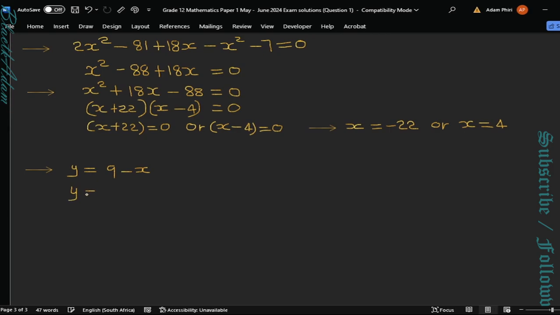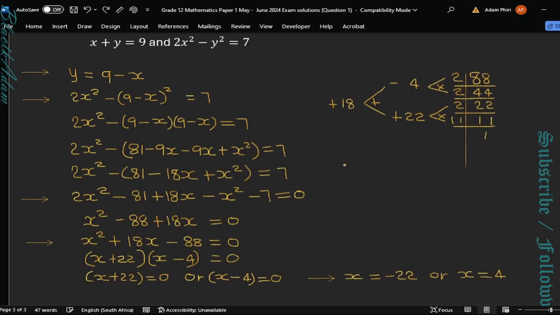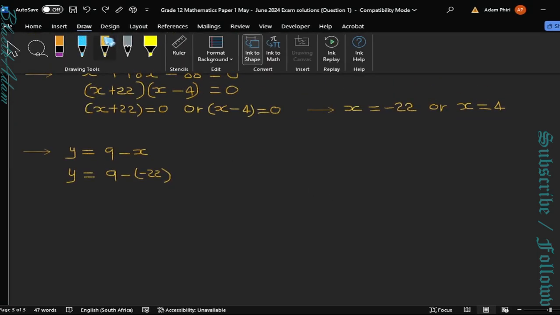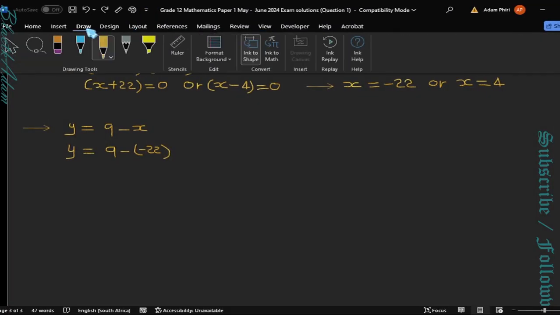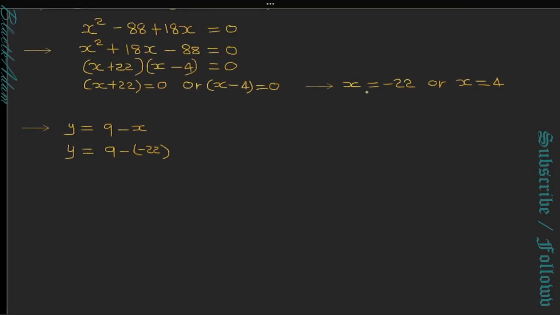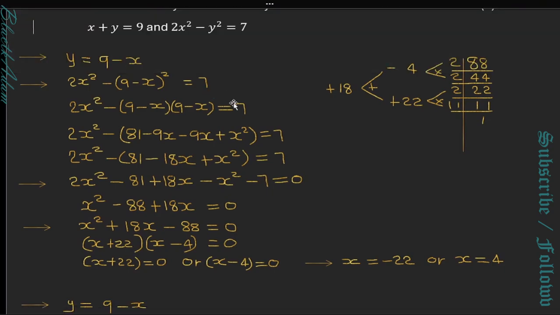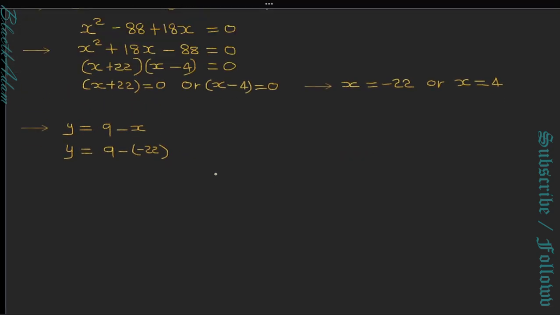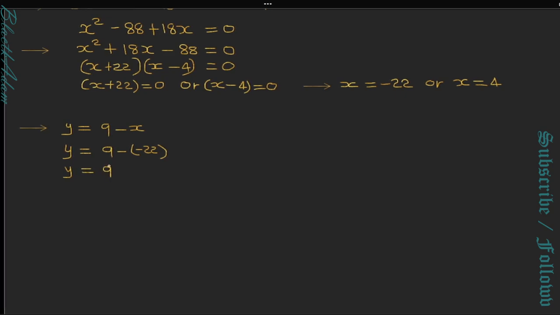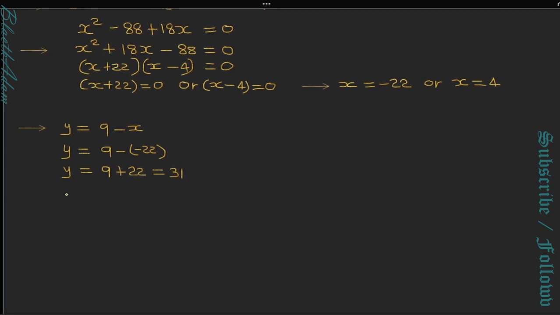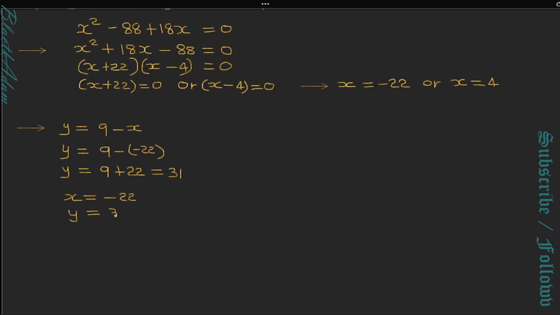So we have y is equal to 9 minus our x, let's use negative 22 at first. So y is equal to 9 minus negative 22, that will give us 9 plus 22. So y is equal to 9 plus 22 is 31. So x is going to be negative 22, where y is positive 31. That's one set of our answer.